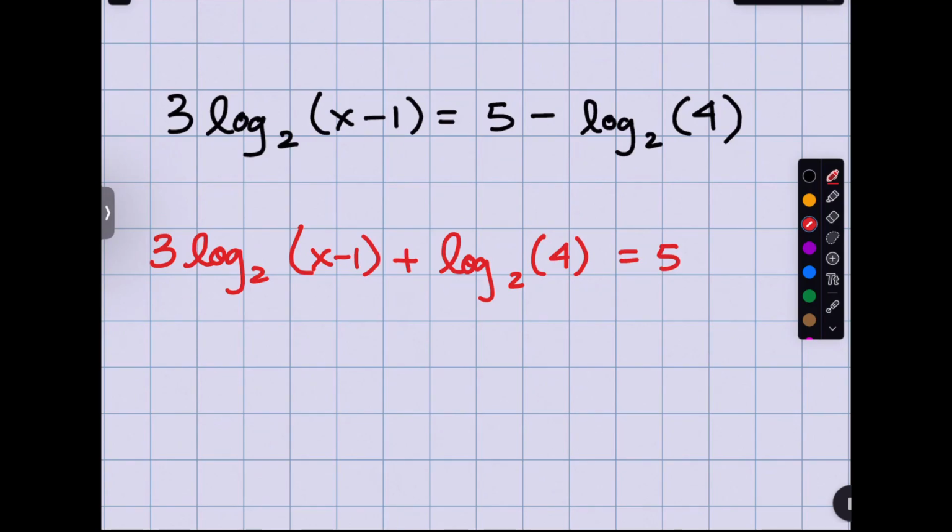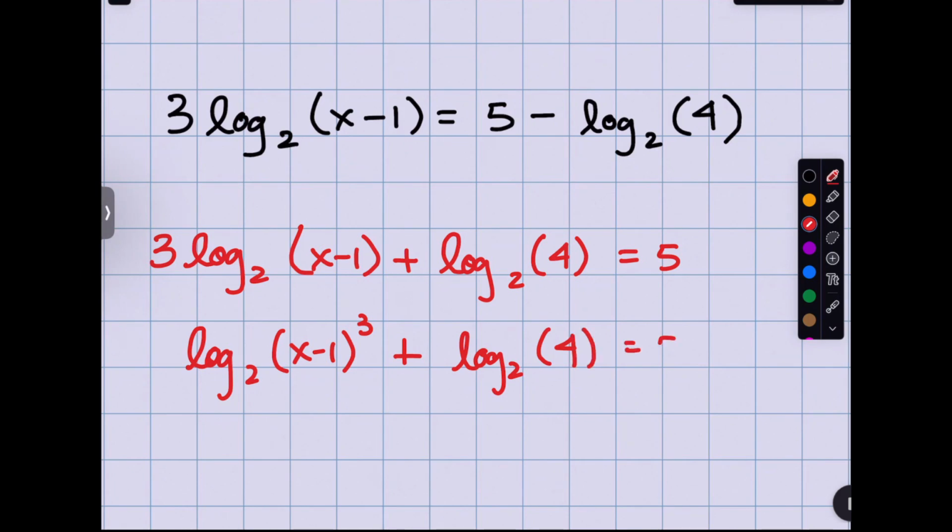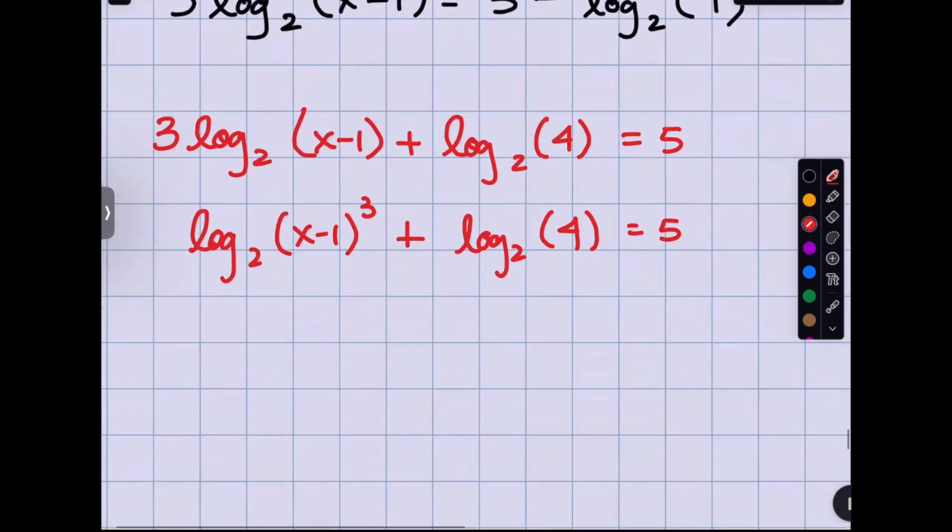What they wanted to do was the product rule on the left side, but the problem is that we have a 3 as a coefficient, which means we actually have to apply the power rule. So the power rule is going to be log base 2 of (x minus 1) to the 3rd power plus log base 2 of 4 equals 5. Now he can use the product rule.